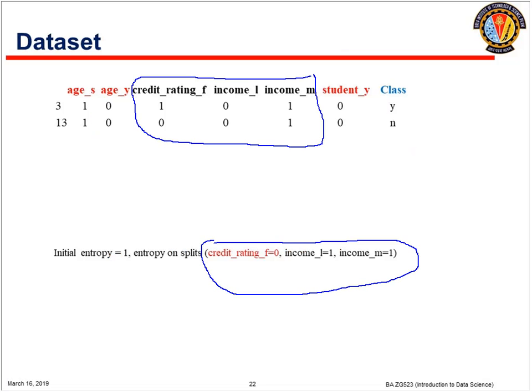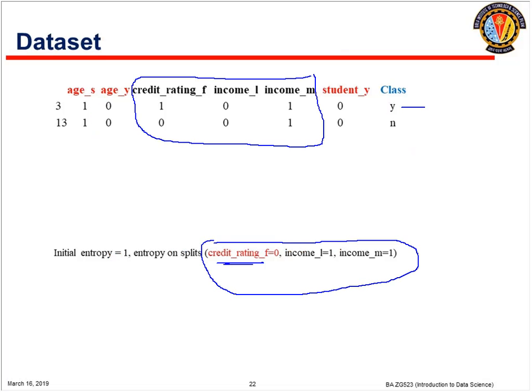Here you find that credit_rating_f has an entropy of 0. If you split on credit rating, the entropy will be 0 because both the examples have clear-cut Y or N. You'll get exactly 1 for Y and 0 for N.